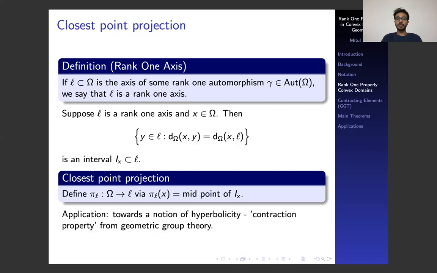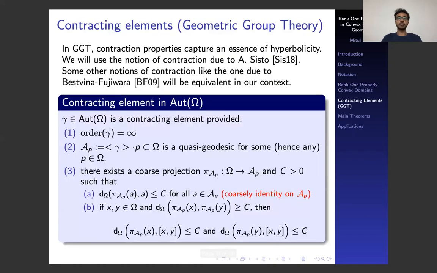So we define the closest point projection map pi_L by doing the following. Given any point x in omega, we map pi_L of x to be the midpoint of I_x. With this definition of closest point projection, we now arrive at a point where we can define what contracting elements are. This is a notion from geometric group theory.